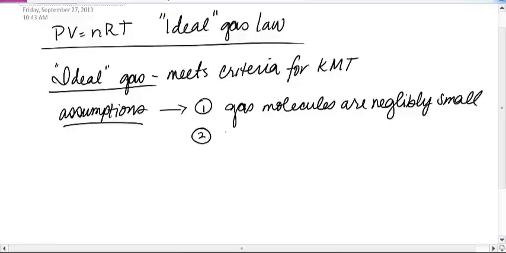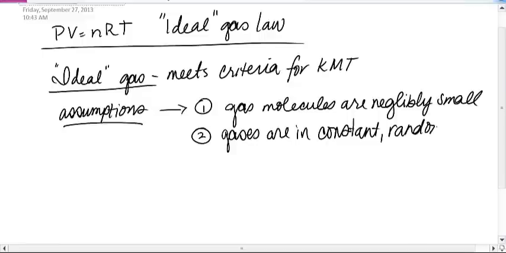Another thing that the kinetic molecular theory assumes is that gases are in constant random motion. They're moving. There's no set path. Nothing is affecting that path. It is totally random.